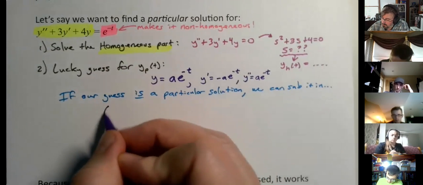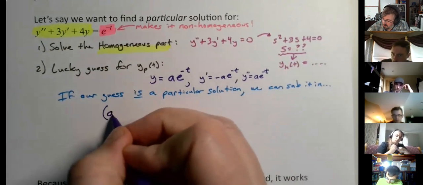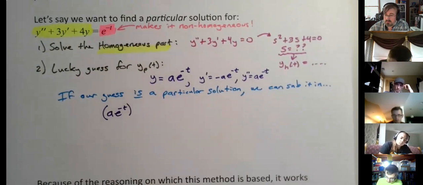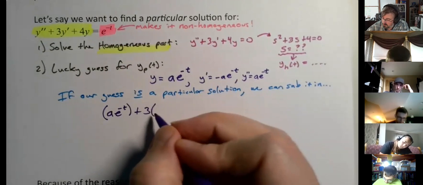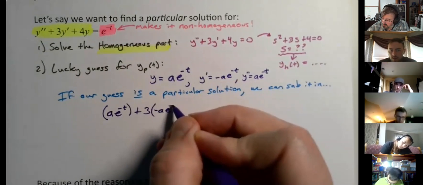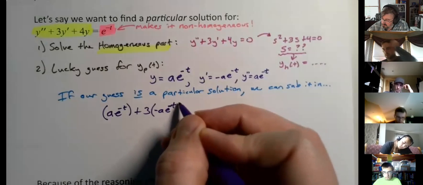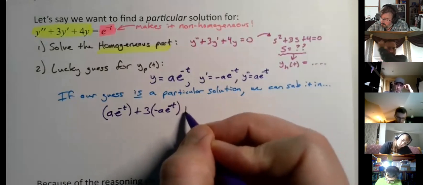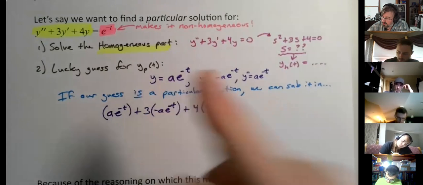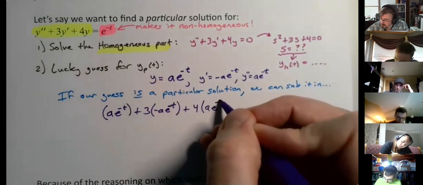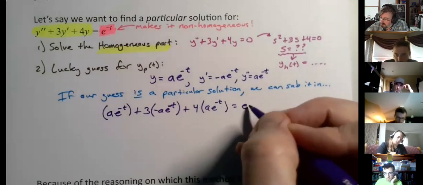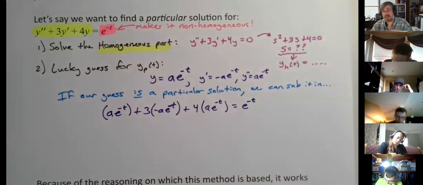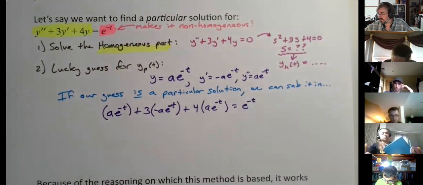So y double prime is just this, a e to the minus t, plus 3 times the first derivative, which is this guy right here, negative a e to the minus t, plus 4 times the original guess, which is a e to the minus t. And that's all got to be equal to, on the other side, e to the minus t. That must be true if this is a particular solution.